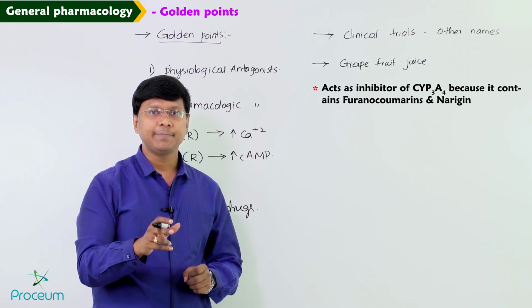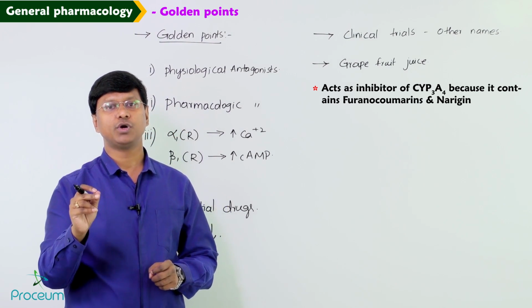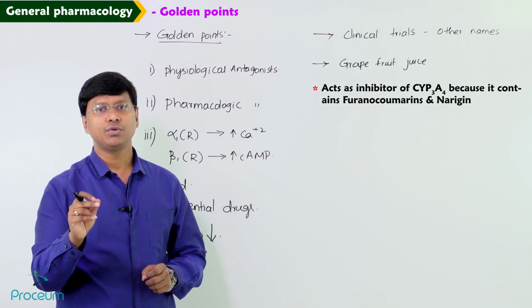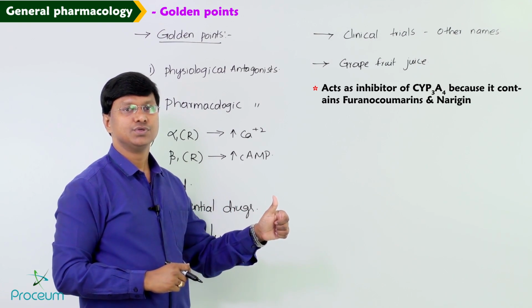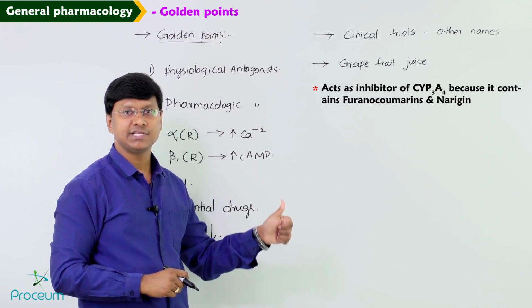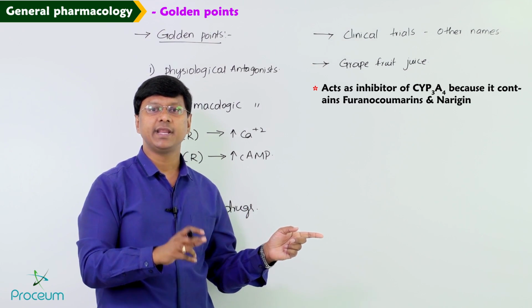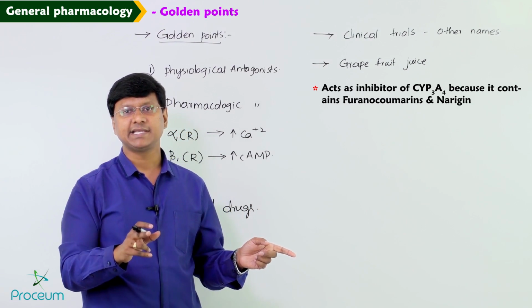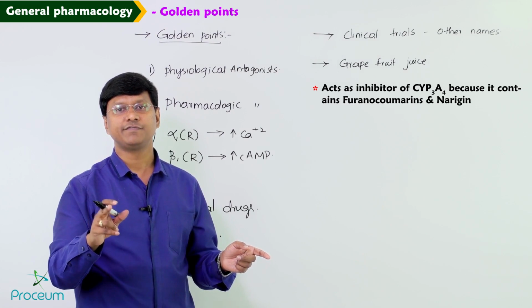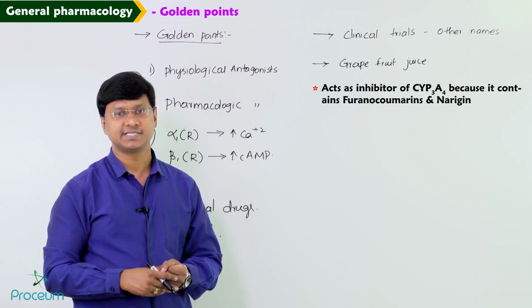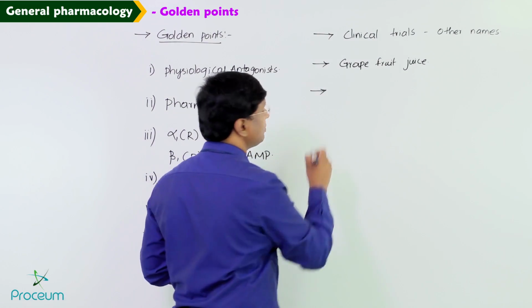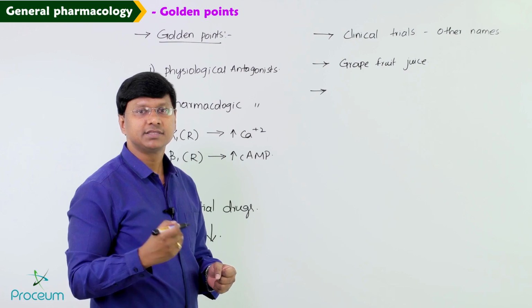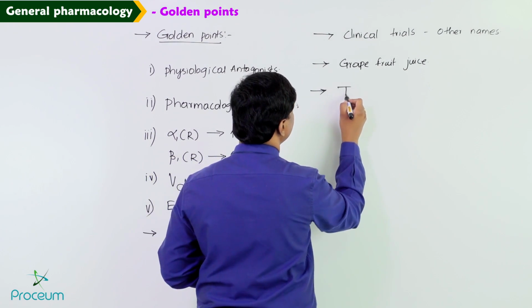Because grapefruit juice contains furanocoumarins and naringin. So furanocoumarins and naringin, which are present in grapefruit juice, act as inhibitors of the CYP3A4 enzyme. Alright. Next we have discussed what is called the therapeutic index.